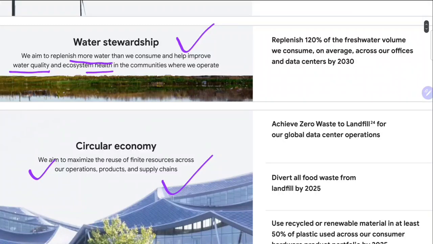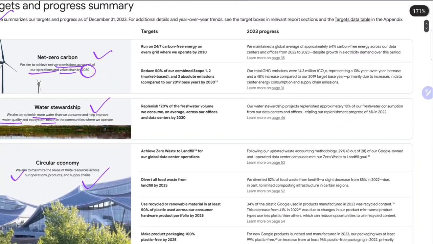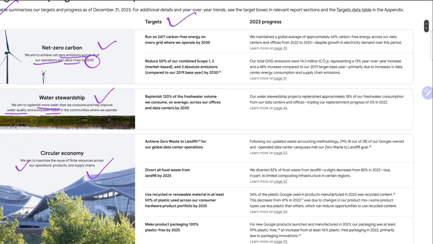And then of course focusing on circular economy. So here you see in the right side targets for this particular materiality topic related matrices. Okay, run on 24/7 carbon free energy, reduce 50% of our combined scope 1, 2 and 3 absolute emissions. Then in water, replenish 120% of fresh water volume we consume on average across the offices and data centers.